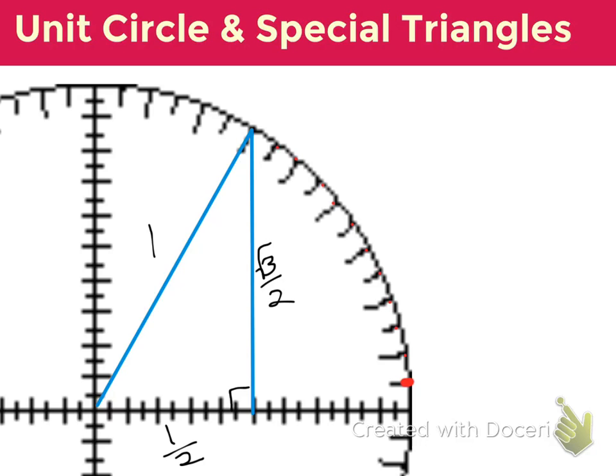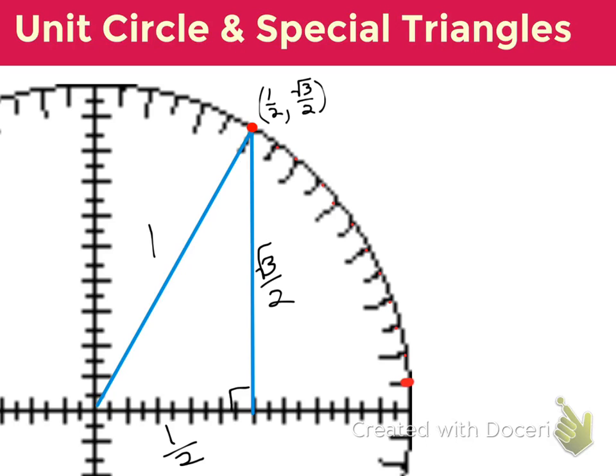And then we now know that this point, right here on our unit circle, the coordinate pair or the ordered pair would be, we're going over 1/2, and if you look there at the bottom, and up the square root of 3 over 2.